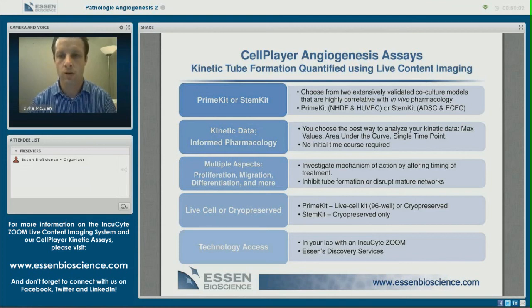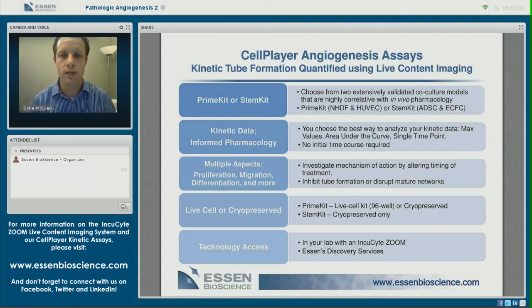These are both fully human-derived cell-based models that you can choose the best way to analyze your kinetic data. So you take the images over time, and then you can look at max values, you can look at area under the curve, or you can even go back and do single time point analysis, similar to what we did with the EC50 generation of the different growth factor responses using the prime kit.